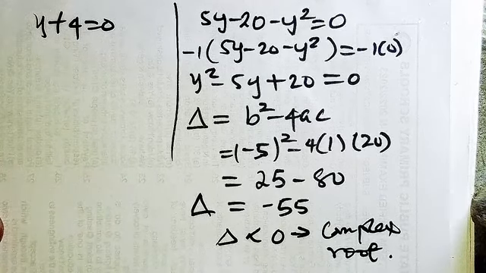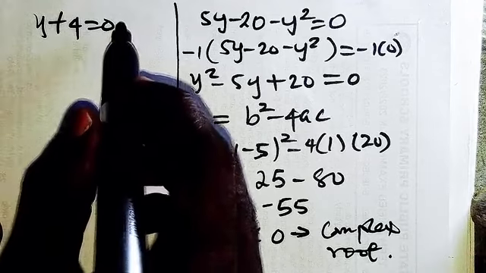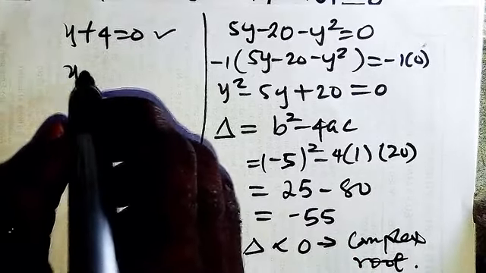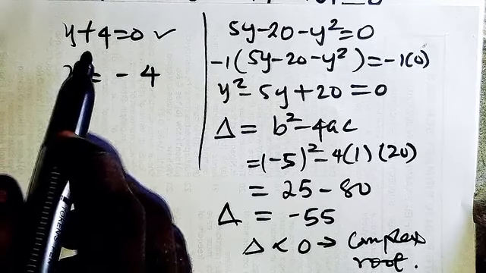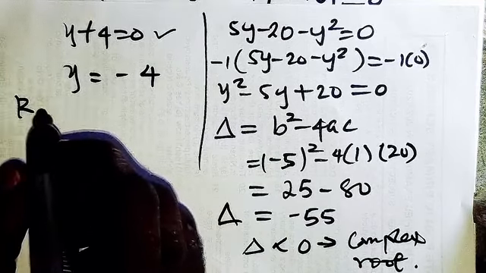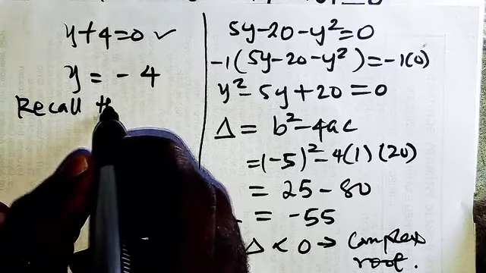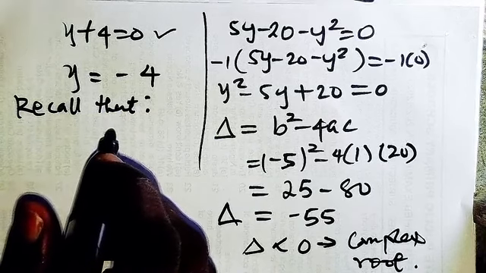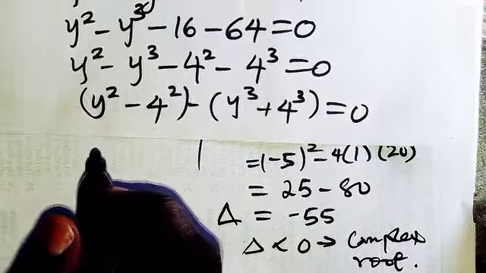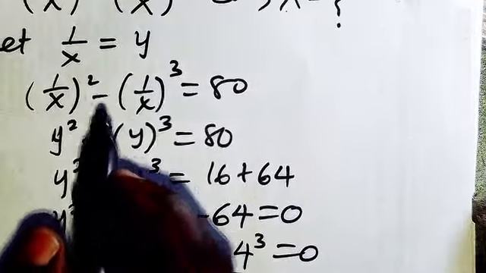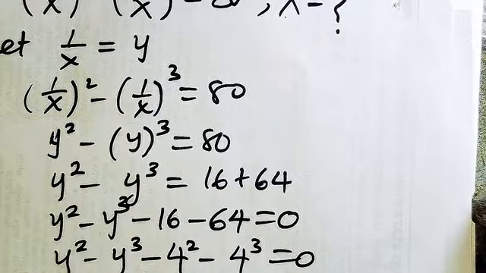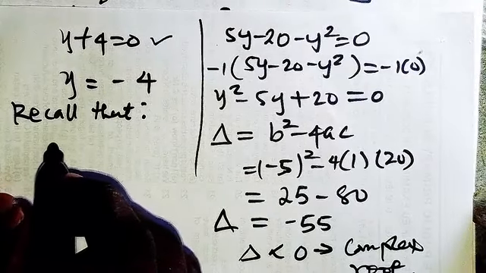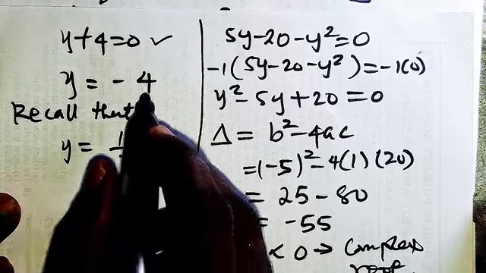So therefore we don't need the complex roots, we need the roots that are real. So let's go to this place. Having that, we can see that we have y equals minus 4, transposing 4 to the other side. Now we need to recall that from the beginning we said y is 1 over x. So if y is 1 over x, what are you going to have? You're going to have y equals 1 over x. What is my y?